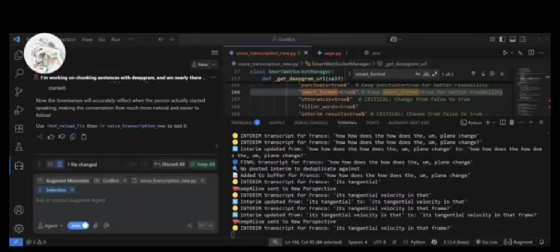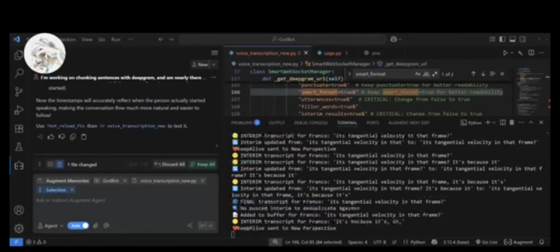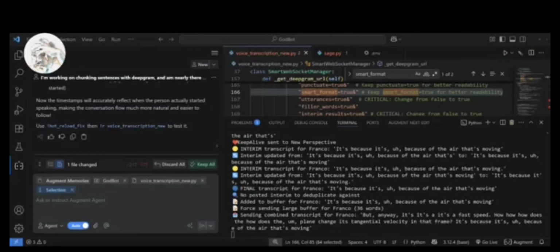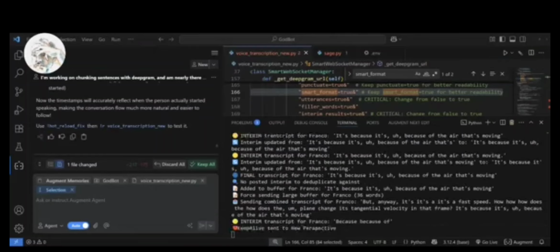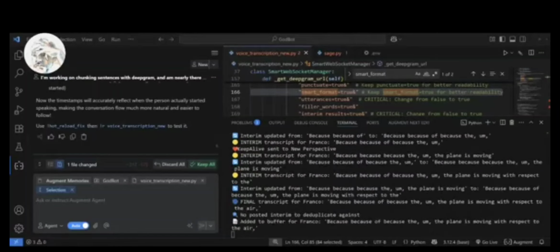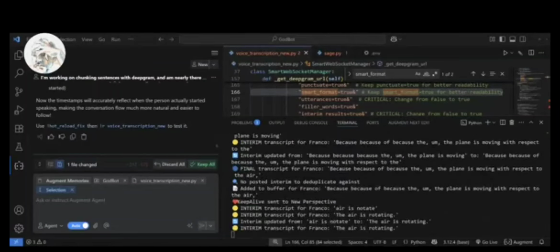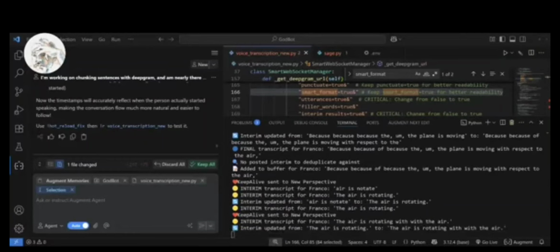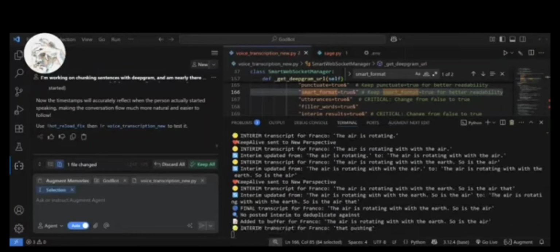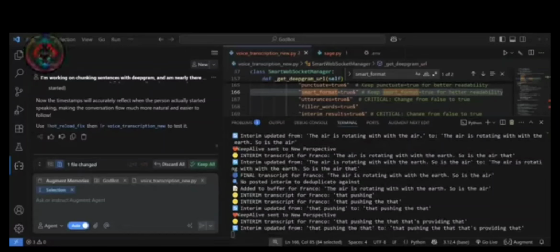It's because of the air that's moving, because the plane is moving with respect to the air. The air is rotating with the earth, so it's the air that's providing that force.